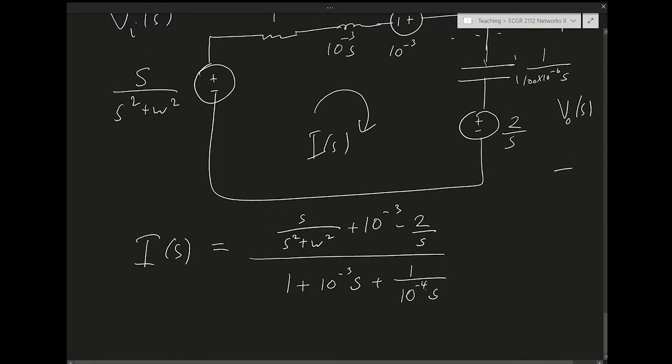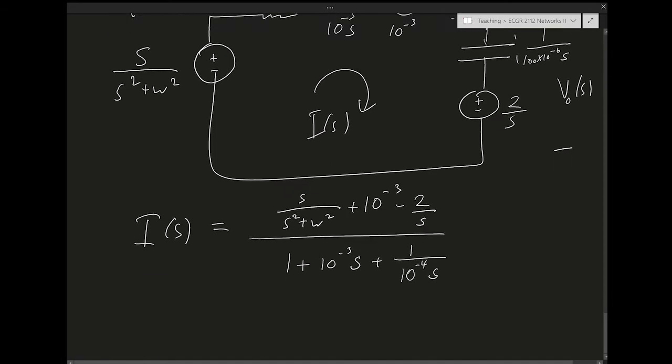So this is going to be 10 to the power minus 4 S. Let's see. We can simplify this a little bit. So what can I do? I can multiply everything by S, right?